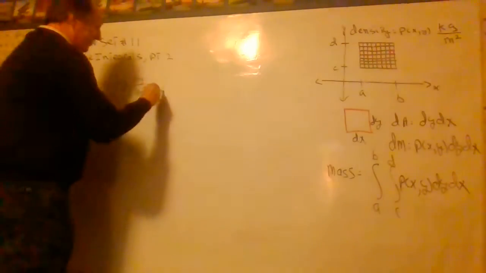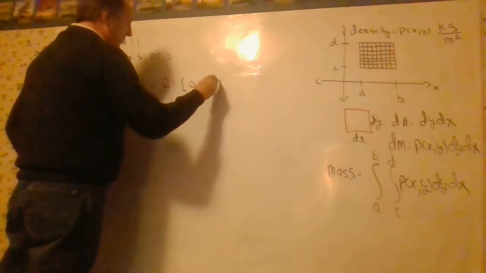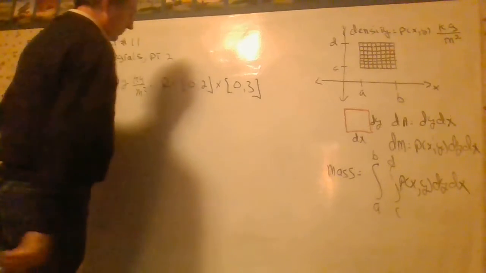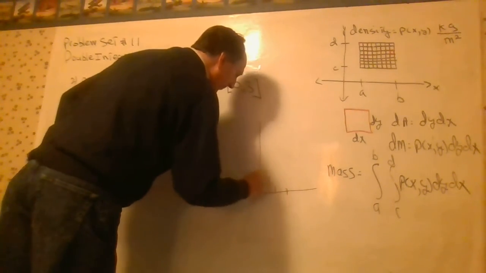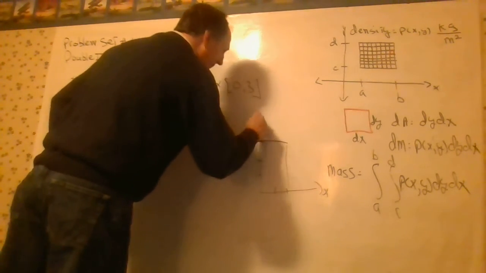And we have this region defined by 0,2 cross 0,3. You can draw a rough picture here, 0,2, 0,3, x, y.